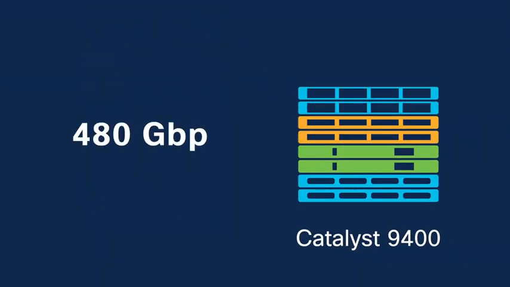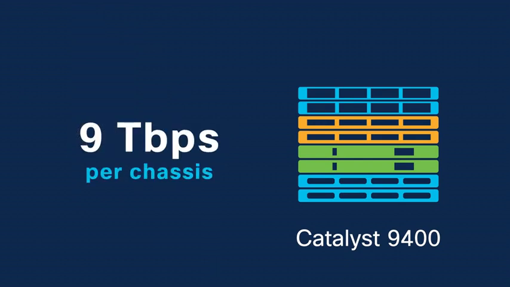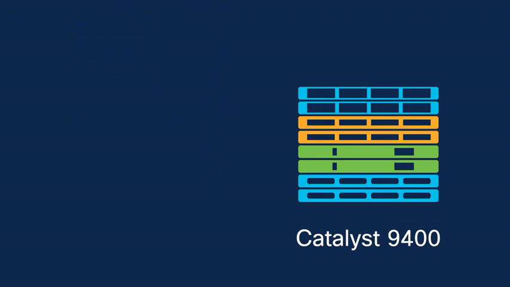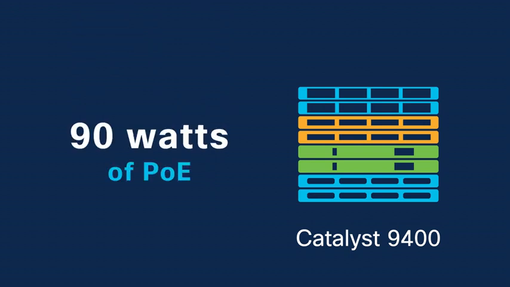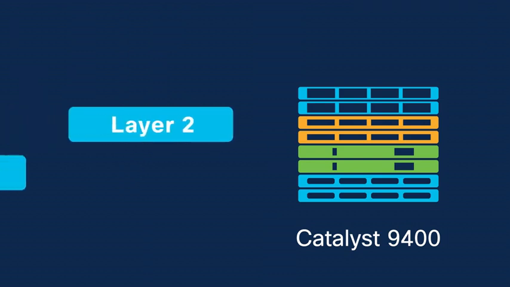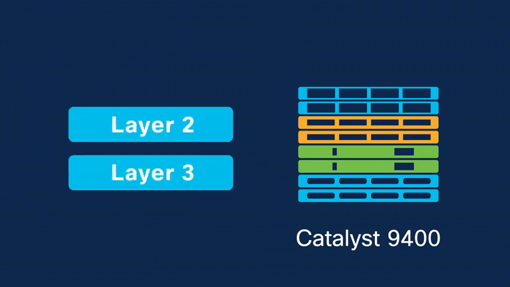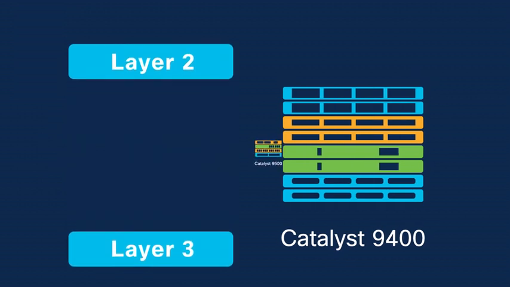This offers 480 gigabits per second per slot and up to 9 terabits per second per chassis, giving better scale and performance versatility. It offers up to 90 watts of PoE, along with advanced Layer 2 and Layer 3 functionality, with open programmable interfaces when compared with the legacy 4500E or 6500 series switches.